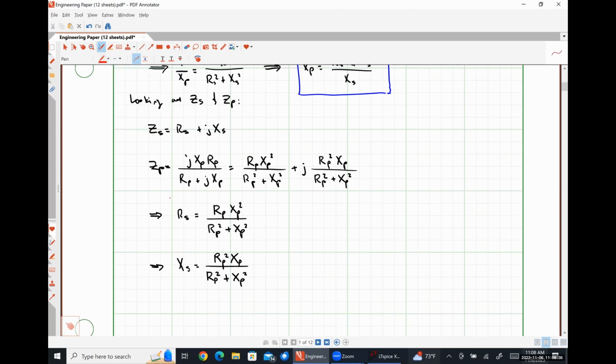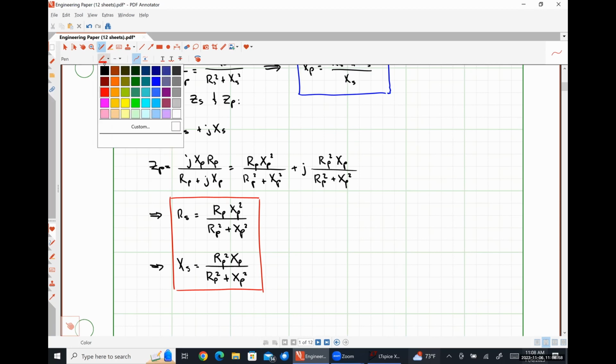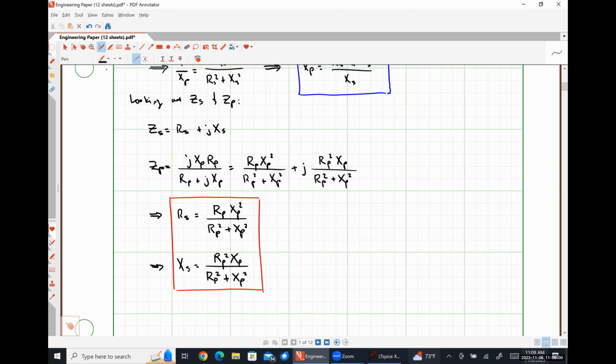And these relationships right here allow us to go from the parallel connection to the series connection. So we have developed a simple transform that lets us go either way depending on the situation that we're interested in. Putting things in terms of knowing the quality factor is just going to allow us to have a different method of doing the exact same thing, just in case we don't know what all of those things are.